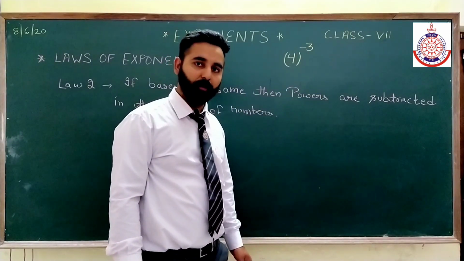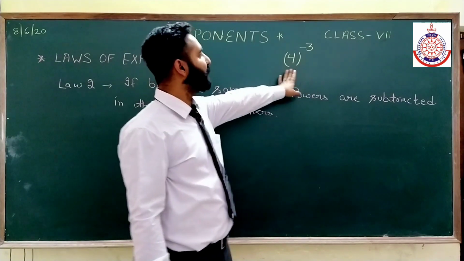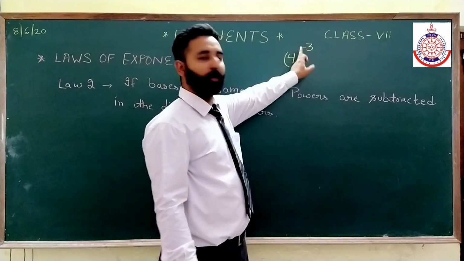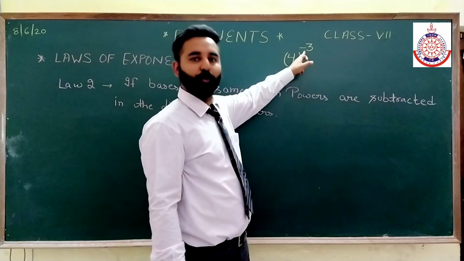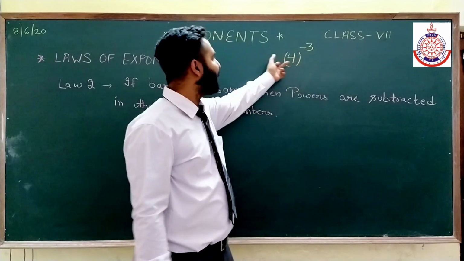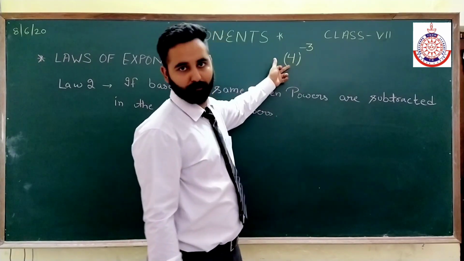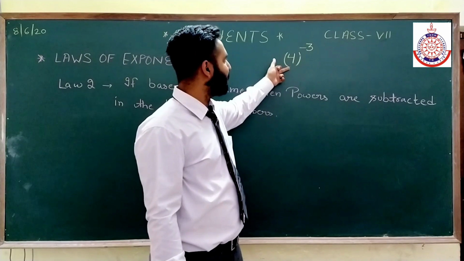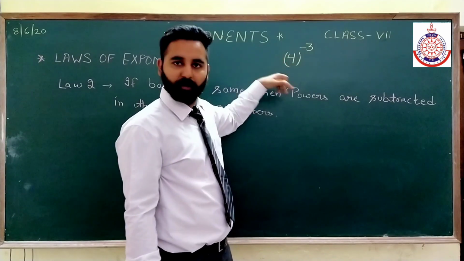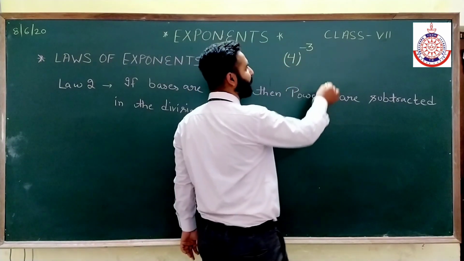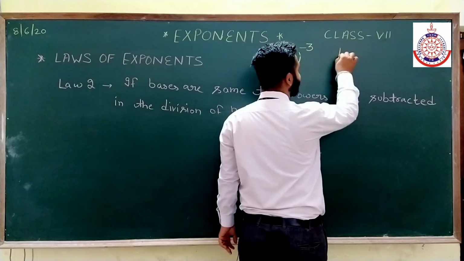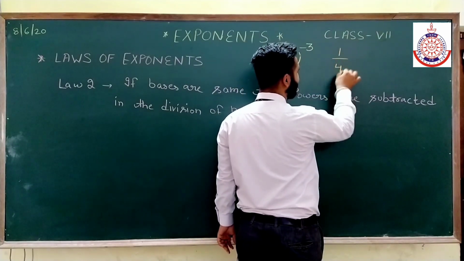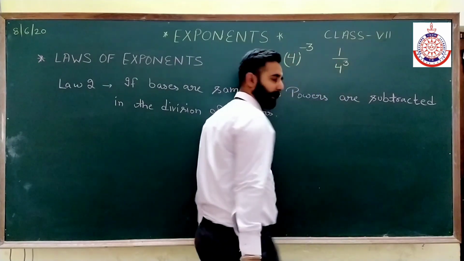Then how can we solve? Whenever you get a negative power, to remove the sign of negative and make it positive, you have to take the reciprocal of the number. Like here, the number is 4, so you take the reciprocal of 4. So it will become 1 upon 4 raised to power 3.